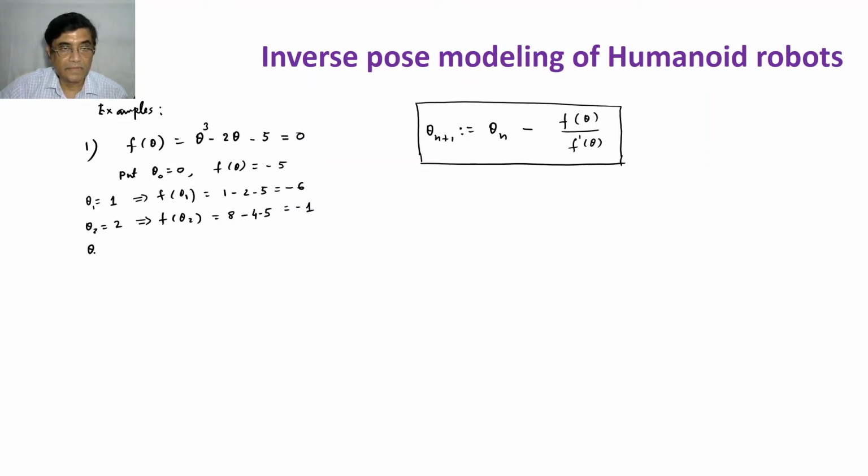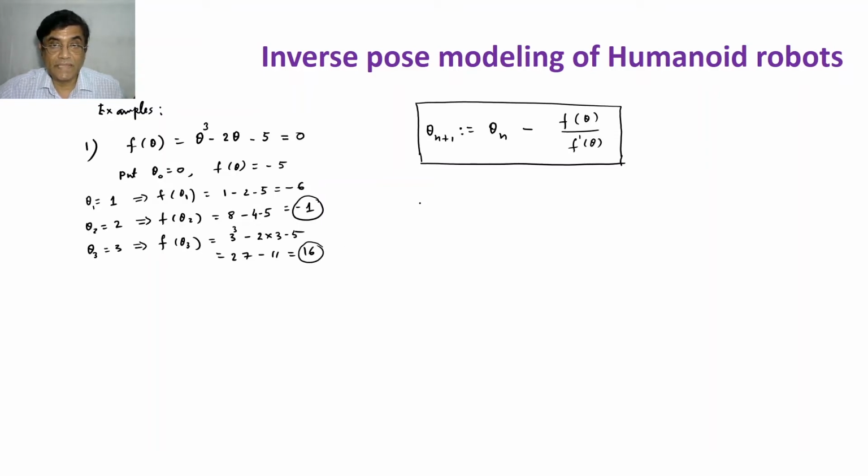Then theta 3 equals 3, then 3 cube minus 2 into 3 minus 5, that is 27 minus 11, 16. So you see, this was negative and now this is positive.